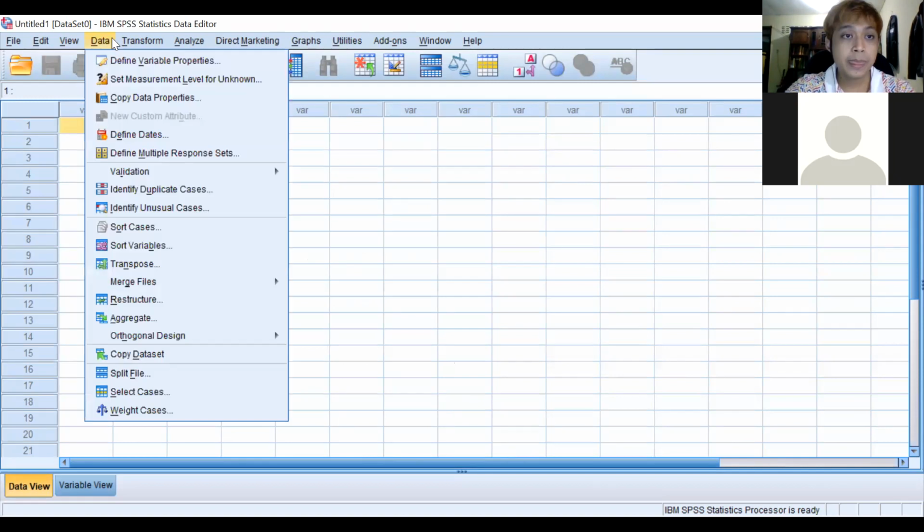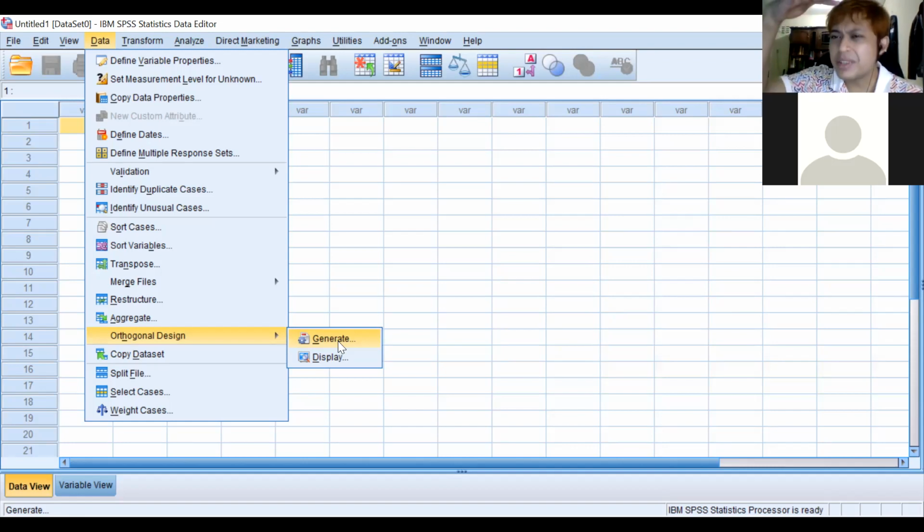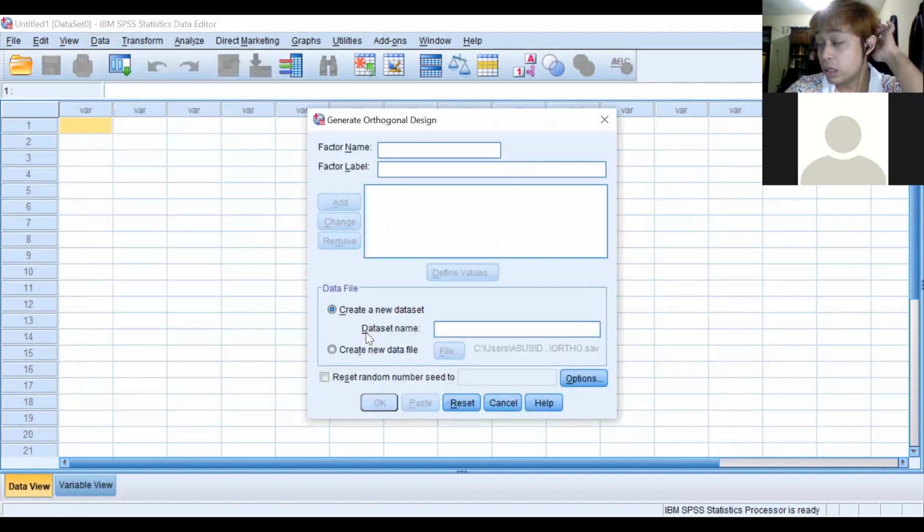You generate the orthogonal design first, because 3 times 3 times 2 times 3 times 3 is so many. If you present all of that, people will get tired, and in the middle of the data collection they will get out. Presenting the full version is also going to be difficult for the data analysis.